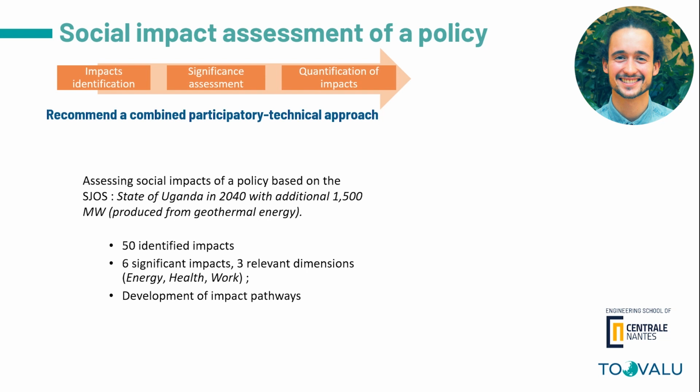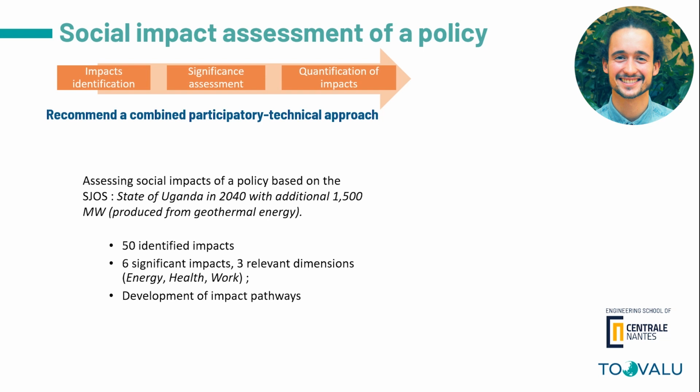So we had a participatory and technical approach. I conducted interviews in Uganda of various stakeholders to identify the impacts and their significance. And also we relied on scientific literature on this topic. So this resulted in 50 identified impacts. 6 of them were found to be significant, so for energy, health, and work social dimensions.